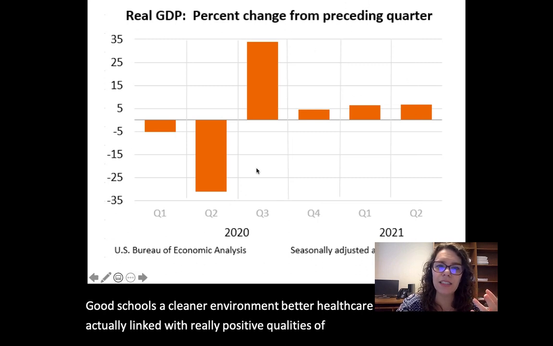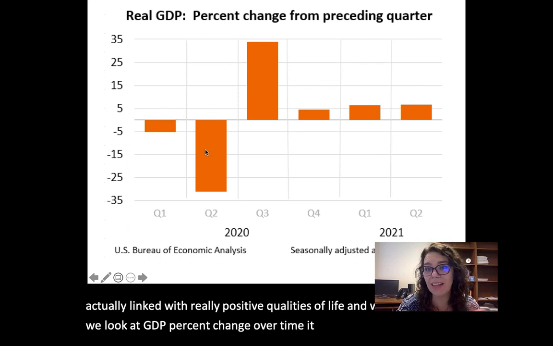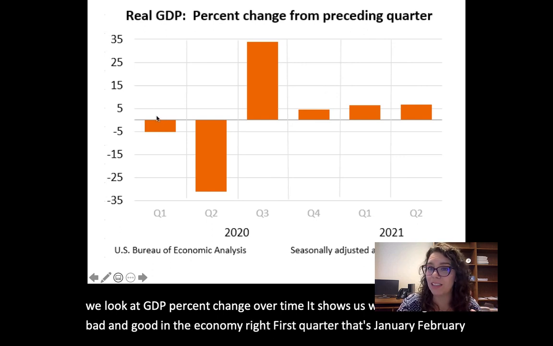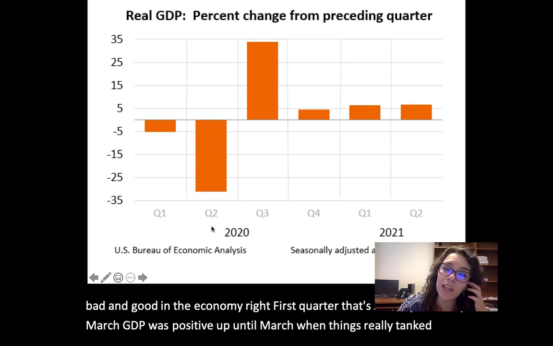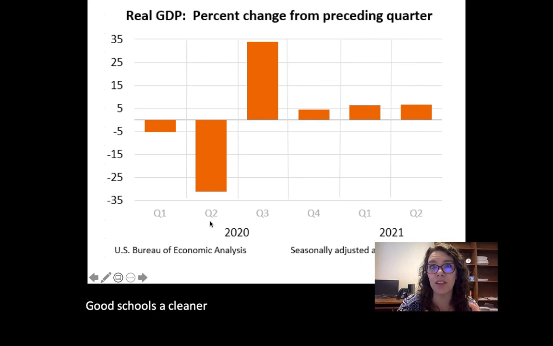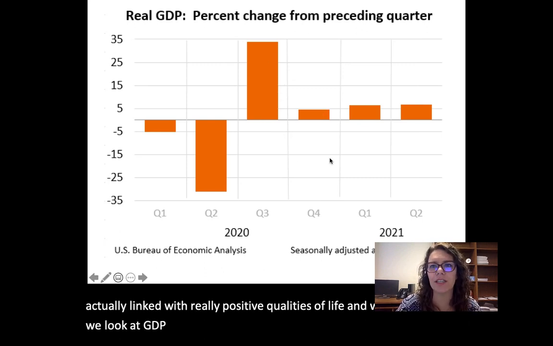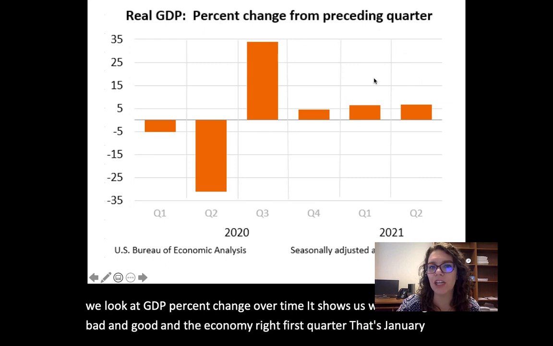If we look at GDP percent change over time, it shows us when things were bad and good in the economy, right? First quarter, that's January, February, March, GDP was positive up until March when things really tanked. The next quarter of 2020, things were really bad, right? COVID-19 was a really bad situation. But the economy has recovered and GDP has recovered, and we see that in this positive percent change in GDP over time.